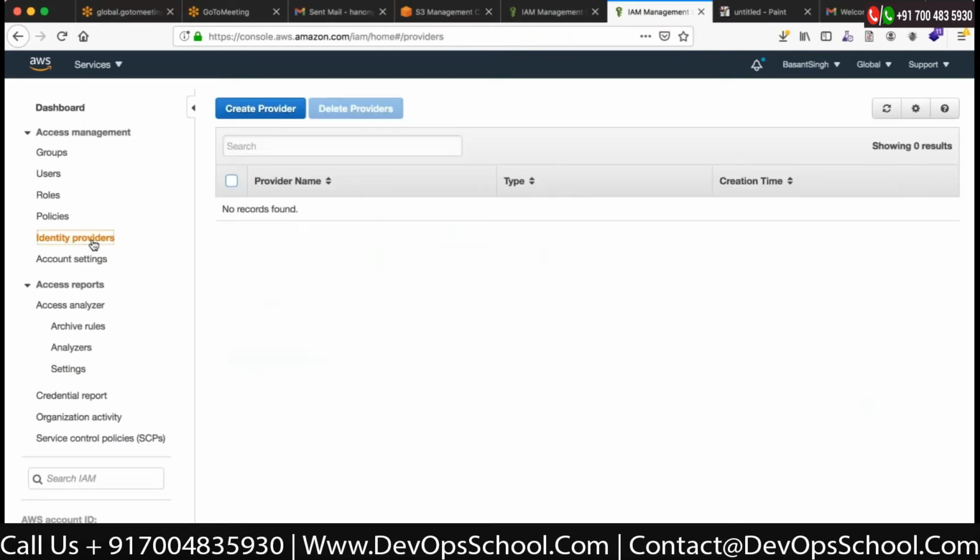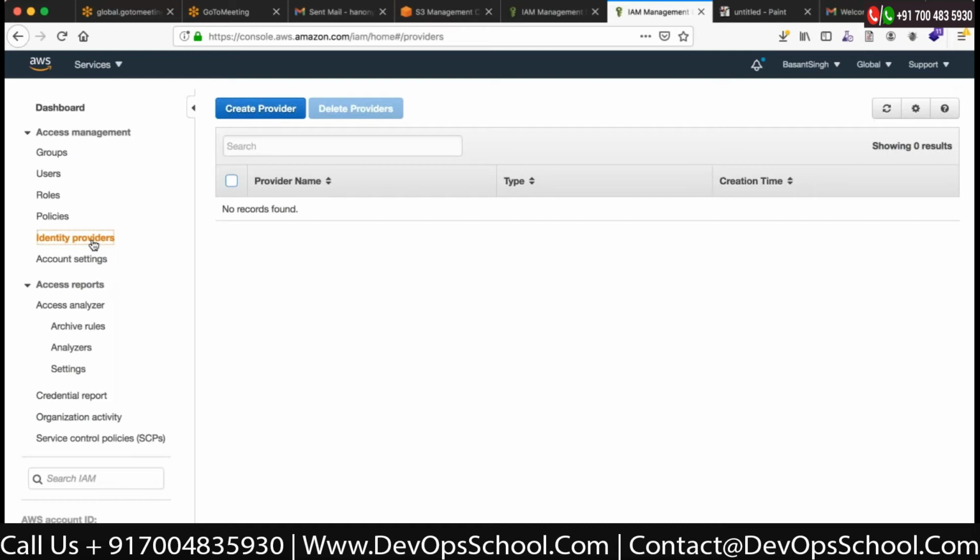An identity provider is basically, let's say you are using Okta or any other SAML vendor, where you are maintaining your directory. Whatever is in your Active Directory or in your Okta directory, you want all of them to come in as a user into an AWS account, or to act as a federated user into the AWS account of your master.